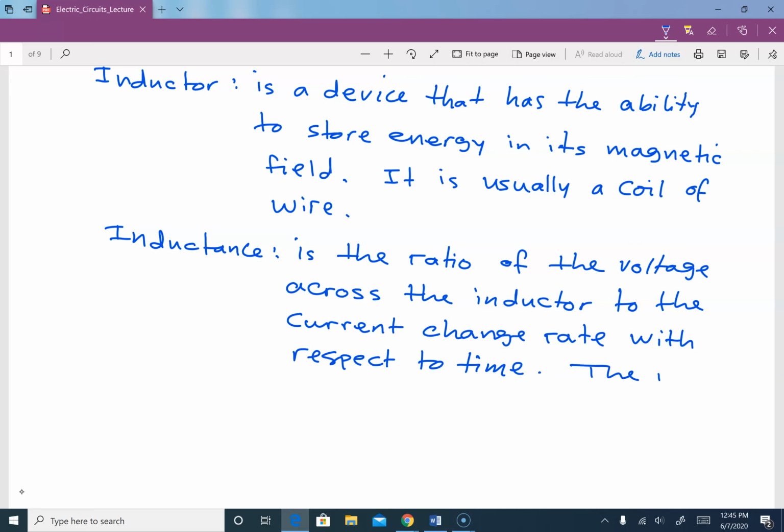And the inductance is measured in a unit called Henry, or simply H.